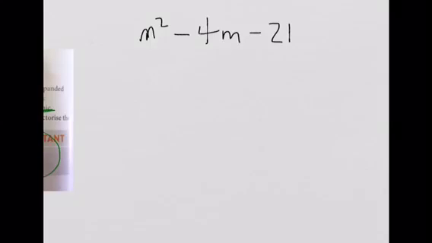So what it means for us is that we need to find two numbers that add together to give us this and multiply together to give us this. So two numbers that multiply to give us that and add to give us that.